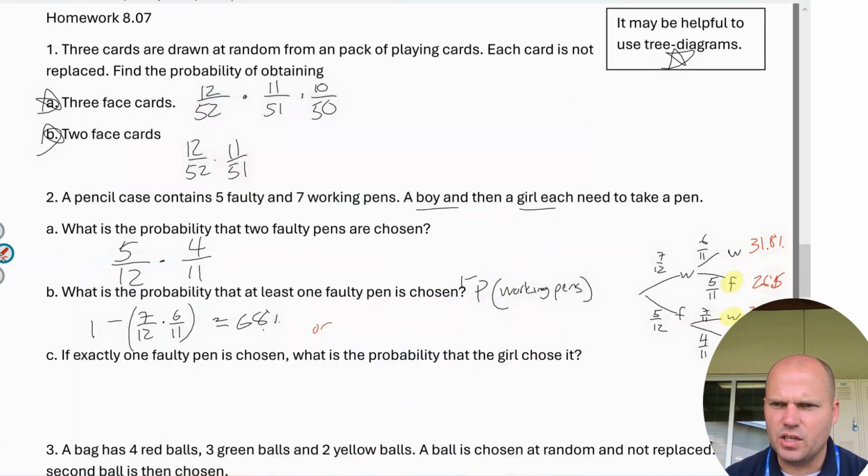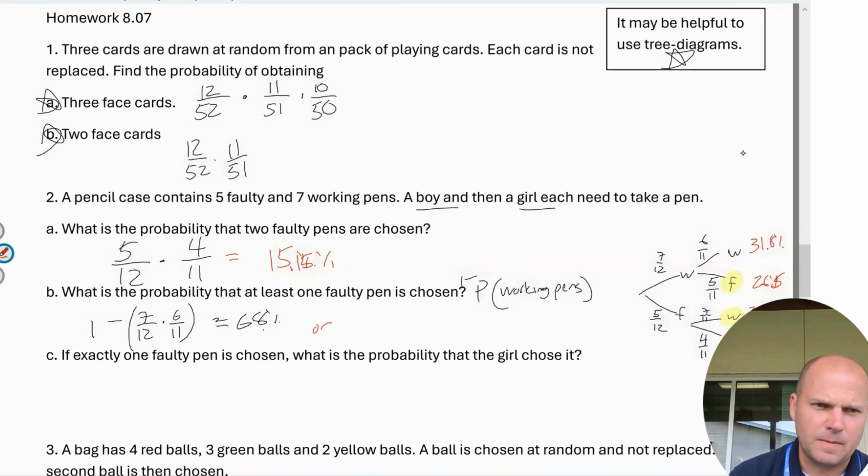And then you can see two faulty pens chosen would be this 15%. And this would be this plus this plus this, or 100 minus that. Exactly one faulty pen is chosen. What is the probability that the girl chooses it? It doesn't matter if it's the boy or the girl.